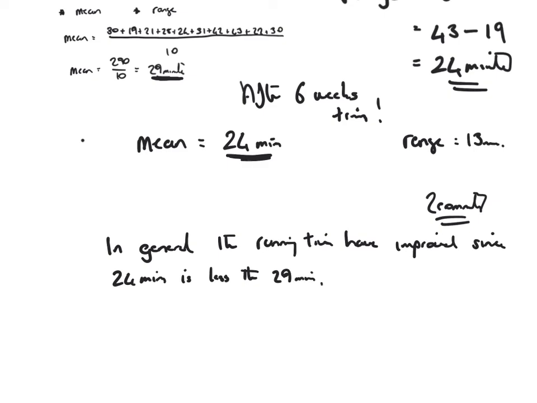Okay, we're now going to comment on the range. So there was a very big range before, 24 minutes. The range is now smaller, which would suggest that there's more consistency within the field of 10 runners.